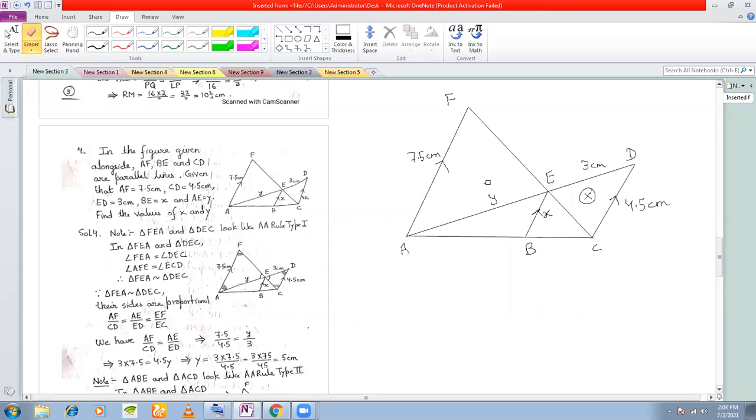So why did I identify these two triangles? I identified these two triangles because if I want to find Y, then Y is the side of this triangle, which is the side of triangle AEF. And what is the only possibility that AEF can be similar to? It is CED only.